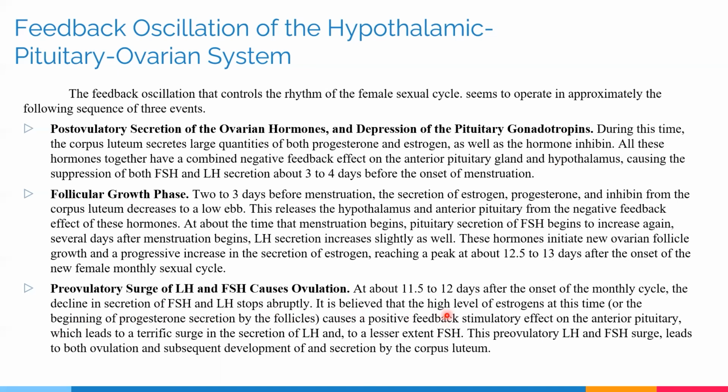It is believed that the high level of estrogens at this time, or the beginning of progesterone secretion by the follicles, causes a positive feedback stimulatory effect on the anterior pituitary, which leads to a terrific surge in secretion of LH and, to a lesser extent, FSH. This pre-ovulatory LH and FSH surge leads to both ovulation and subsequent development of and secretion by the corpus luteum.